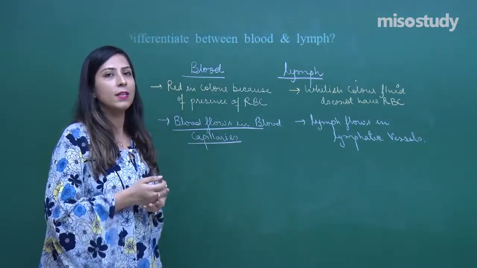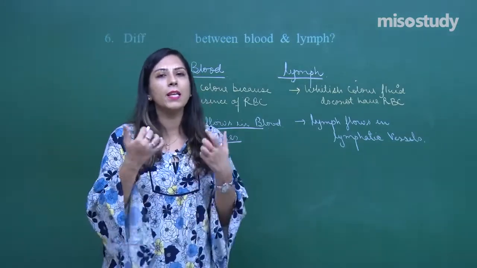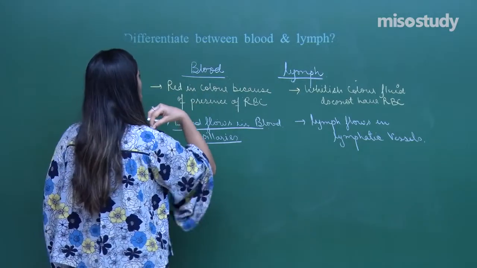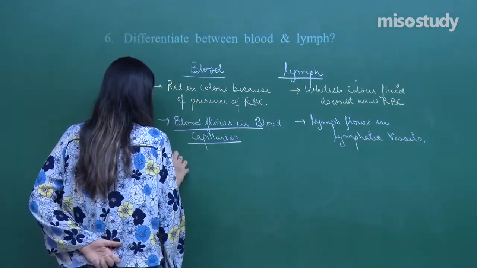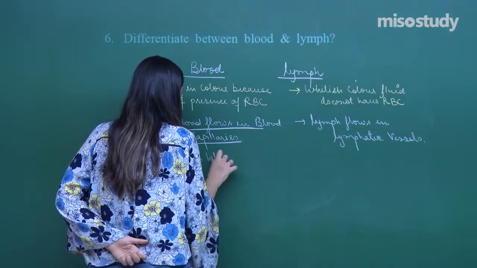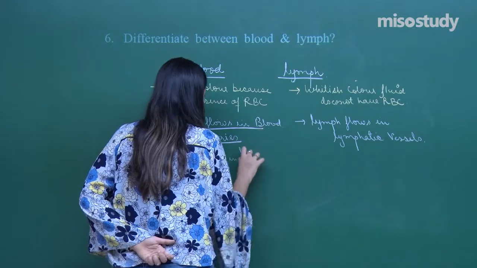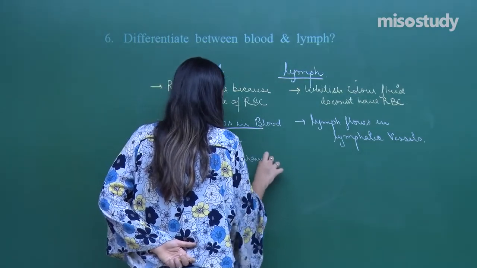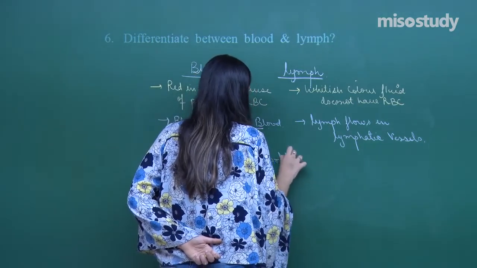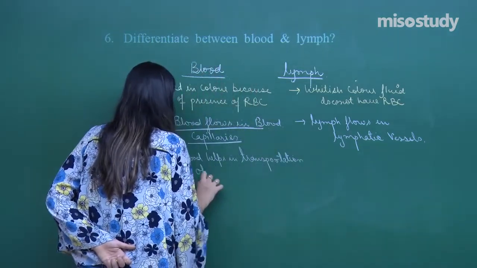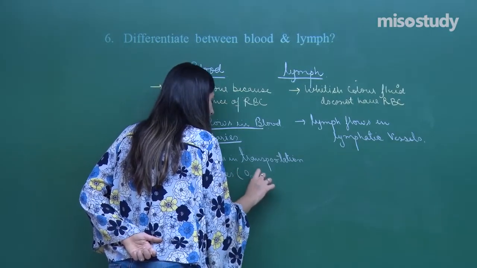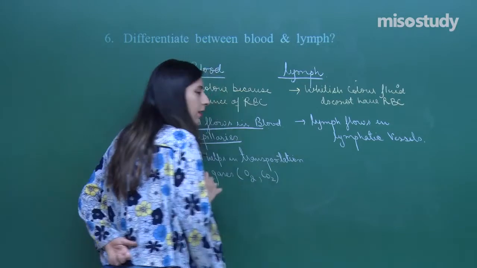Whereas the lymph protects us from any unwanted antigen which enters into our body. So, let's talk about blood. Blood helps in transportation of gases. And which gases? That is oxygen and carbon dioxide, right?